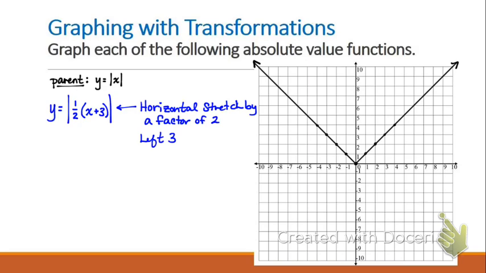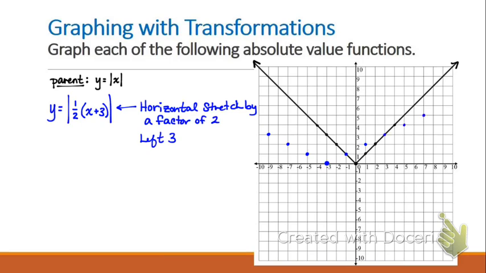All right, so first thing I'm going to do is shift my vertex to the left 3. We're not going up or down at all, so it's going to be right there on the x-axis. And then this horizontal stretch by a factor of 2, that's going to take all of my x's and pull them out 2 units as I move up 1 away from my vertex.